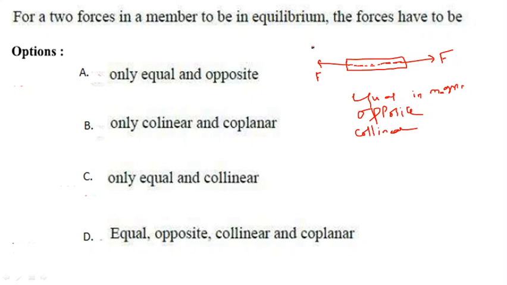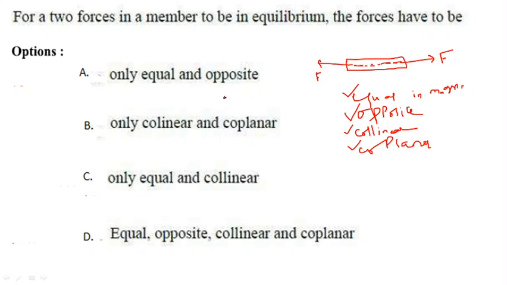When forces are acting in the same plane, we call them coplanar forces. So finally, to keep this body in equilibrium under the action of these two forces, they have to be equal in magnitude, opposite in direction, collinear and coplanar.